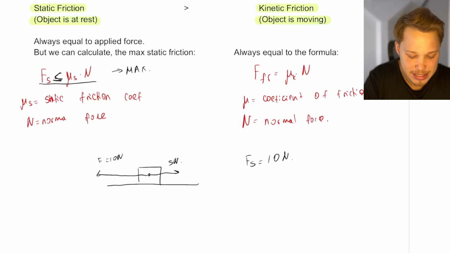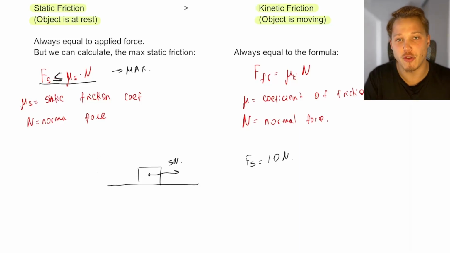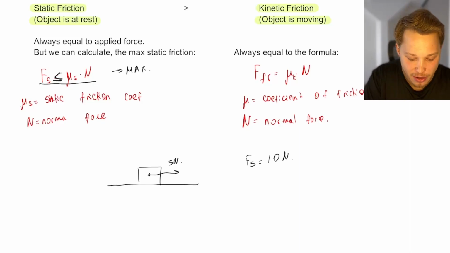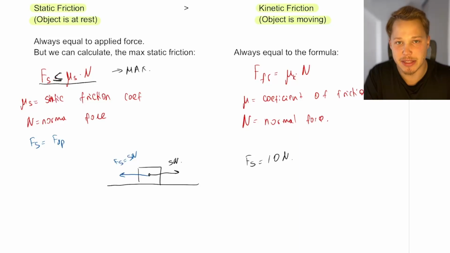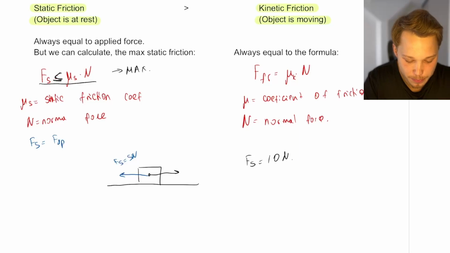Instead, if you apply a force of 5 newtons and the box fails to move, the static friction in the other direction will also be 5 newtons. So the static friction is always equal to the applied force until you overcome the static friction. If I apply a force of 3 newtons, my static friction will also be 3 newtons, etc.